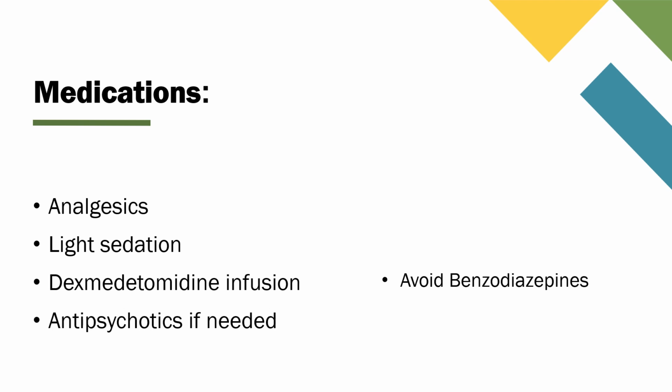If they are going to go for heavier sedation with dexmedetomidine, then that usually means that the patient is on a vent also. And for patients who are just very active and need to be able to relax so that they can rest a bit, it's recommended to try antipsychotics.